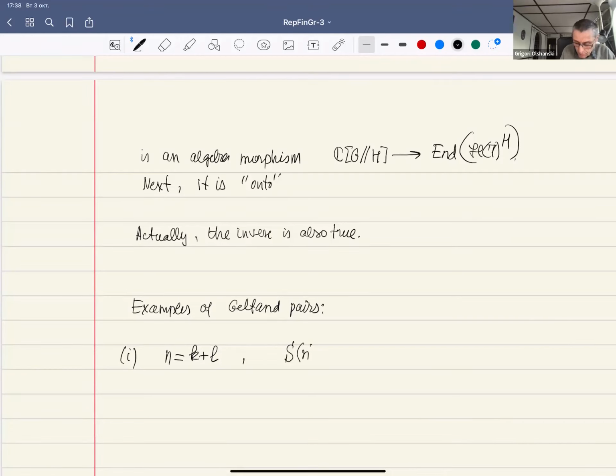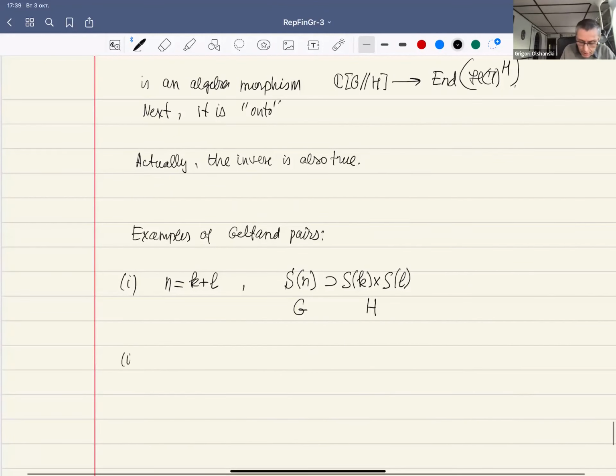I prefer to write it as follows. It contains the product of two symmetric groups. And I claim that if we take this as G and H, we get a Gelfand pair.